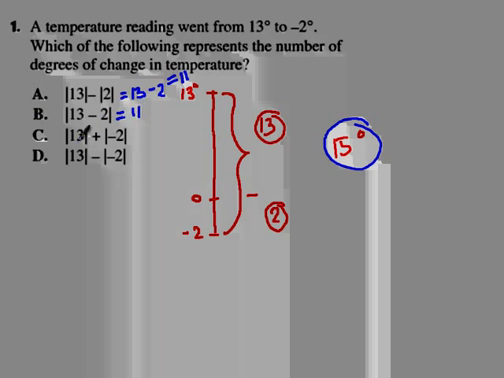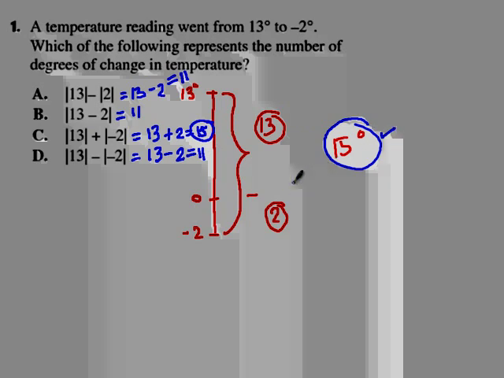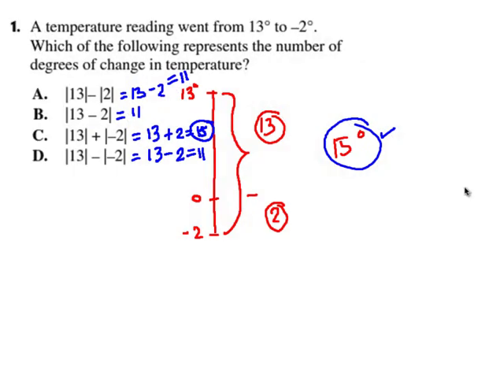Here, the absolute value of 13 is 13, and the absolute value of -2 is positive 2. This will give us 15. And letter D, absolute value of 13 is 13, minus the absolute value of -2, which is positive 2, and this is also equal to 13. So among the options, only letter C will give us the correct answer, 15. So we will pick letter C as the correct answer.